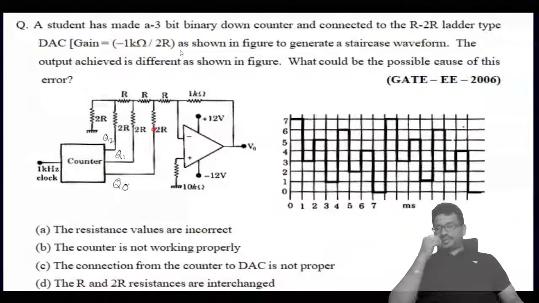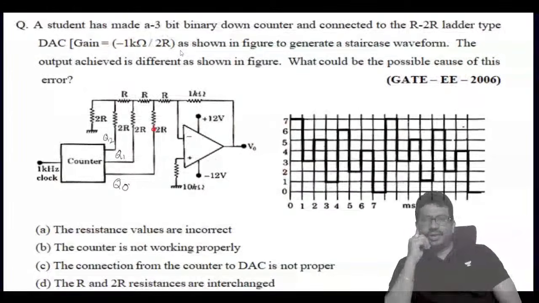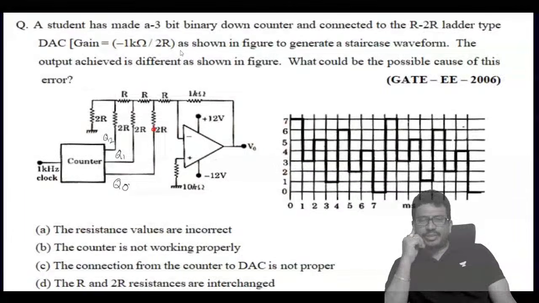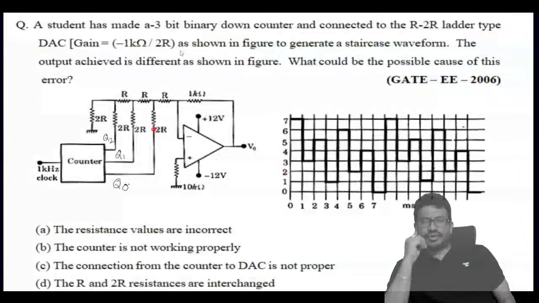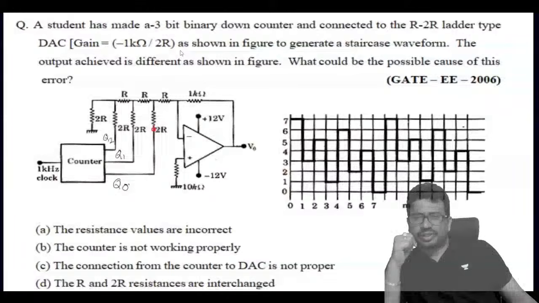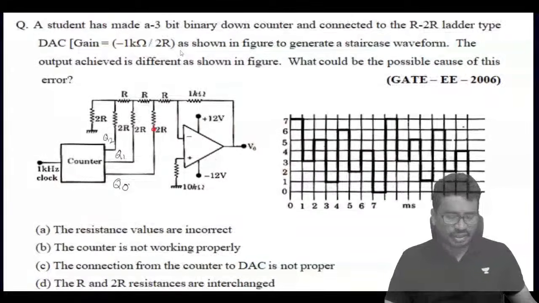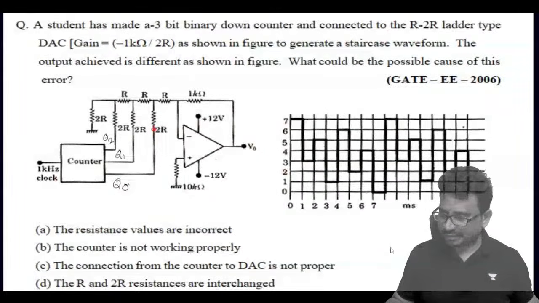Next, a student has made a 3-bit binary down counter and connected to an R2R ladder type DAC. As shown in the figure, to generate the staircase waveform, the output is different from what is shown in the figure. He wants to generate a 3-bit binary down counter having a certain gain, but he got a different waveform. Is this waveform visible to you properly?